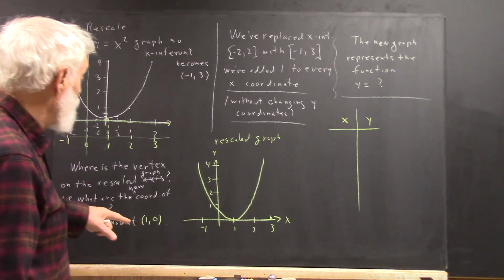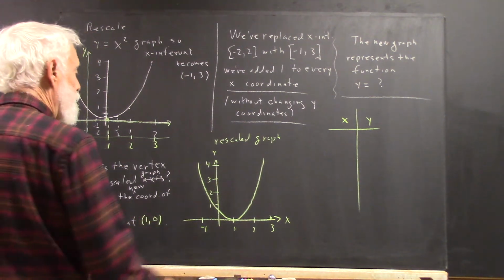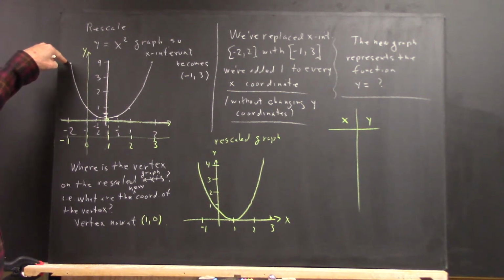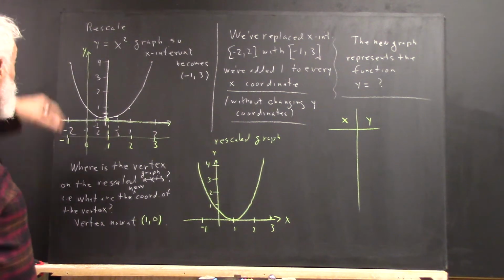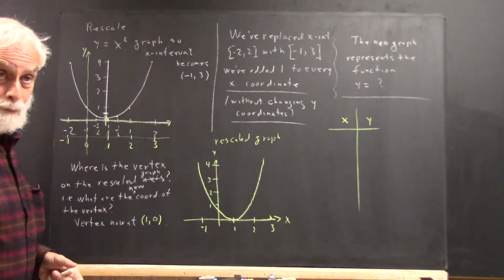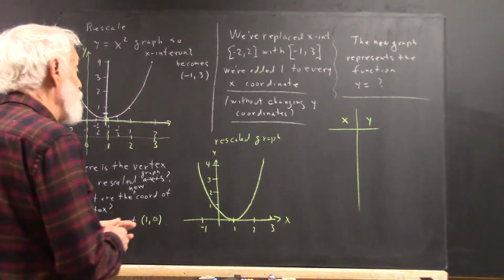Well, where did it come from? The point -1, whatever y is, came from -2, 4, right? Okay, so the -2, 4 point essentially moved over 1 unit.